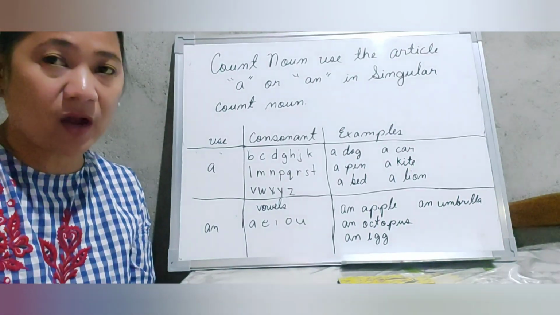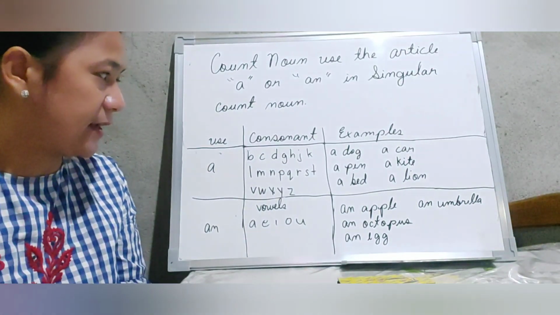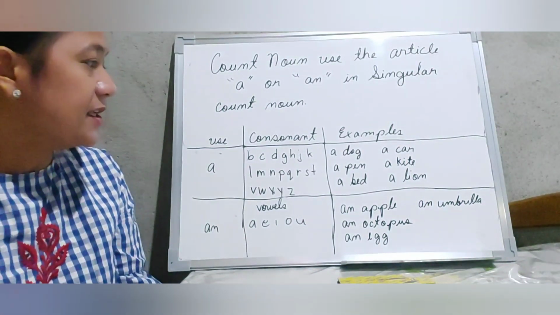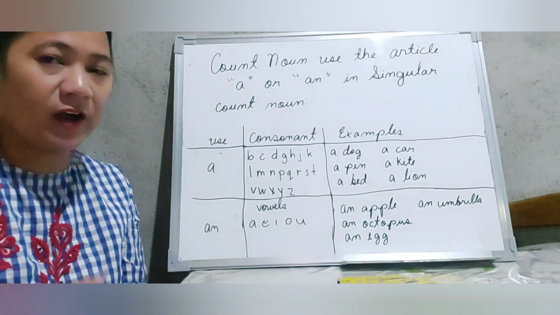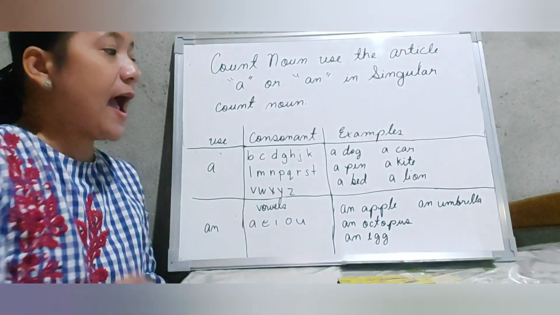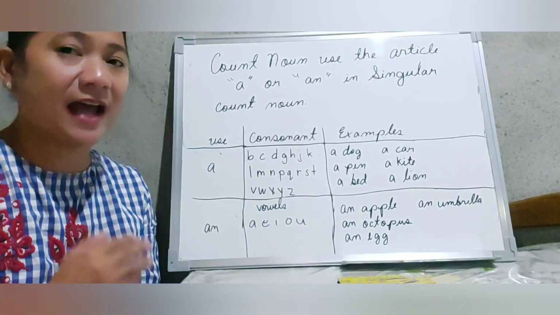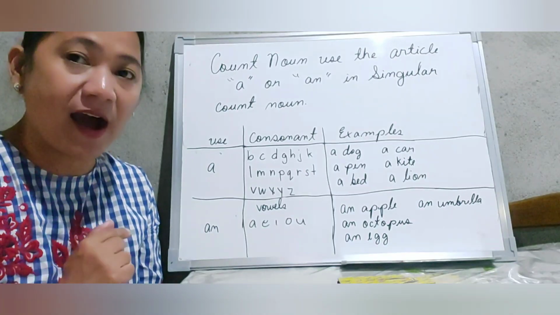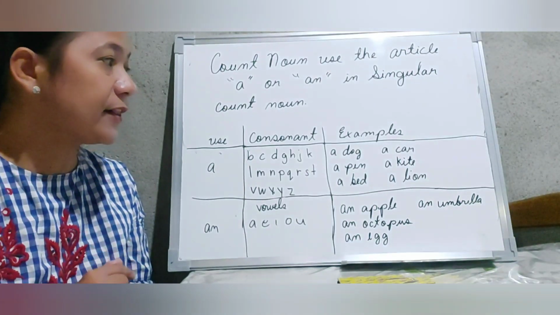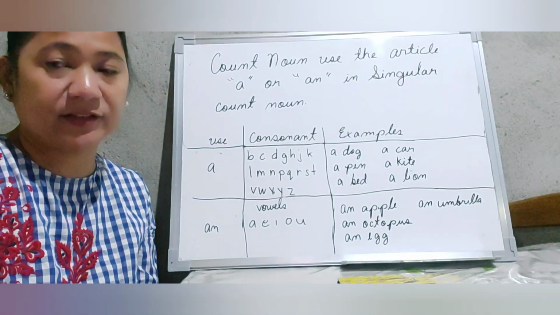If the count noun begins with a consonant letter like B, C, D, G, J, K, and so on. For example, a dog, a pen, a bed, a car, a kite, a lion. We use a because the beginning letter of the count noun is a consonant letter.